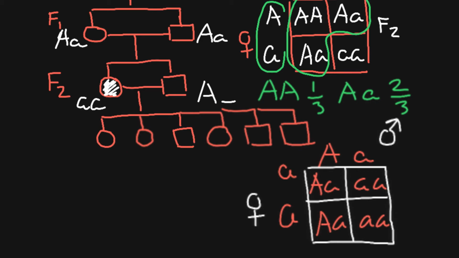But another possibility also exists, that this parent is heterozygous and just by chance they have all progeny that is phenotypically normal, though we expect that 50% would be affected according to this Punnett square.